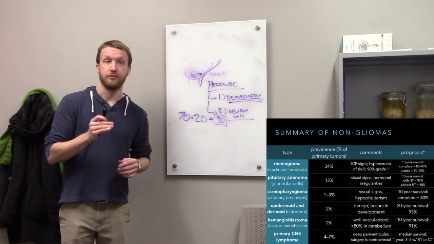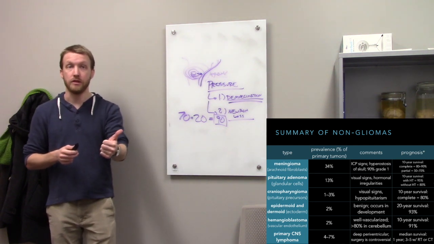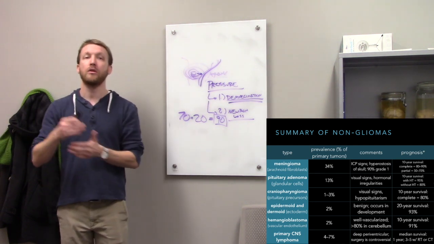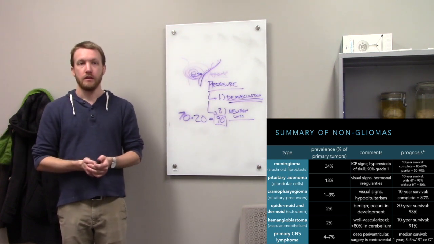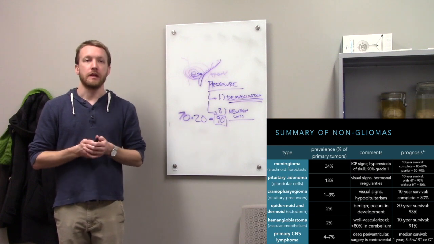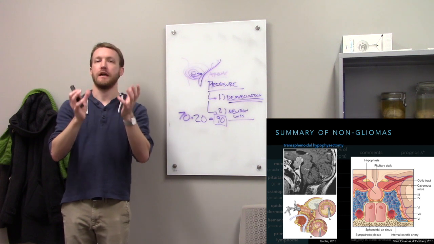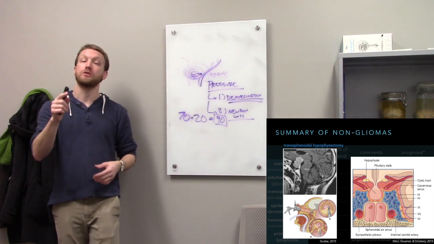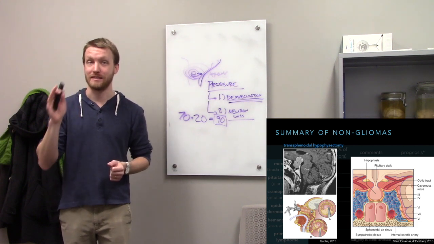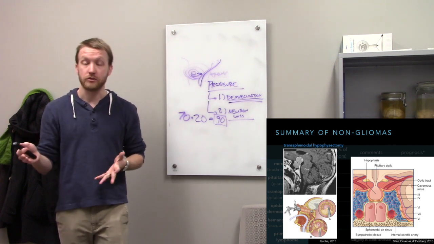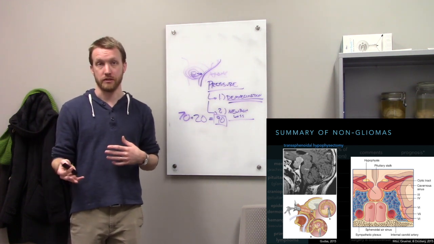The next two are going to affect the pituitary cells, either in development for the craniopharyngiomas or afterward for the pituitary adenoma. Now, the pituitary gland is going to be surrounded by the cavernous sinus, which contains a few blood vessels, and it also contains cranial nerves 3, 4, 5, and 6. 3, 4, and 6 control movements of our eyes, so it's not uncommon to see cranial nerve palsies.